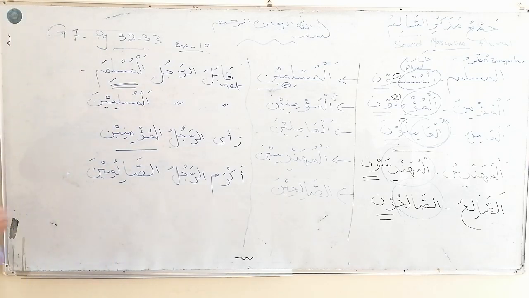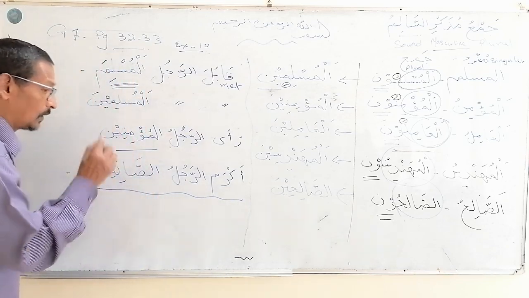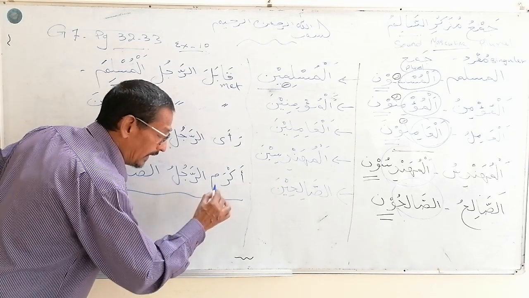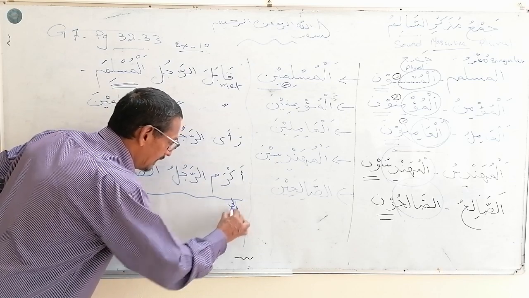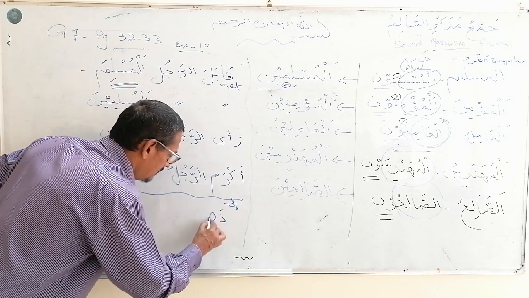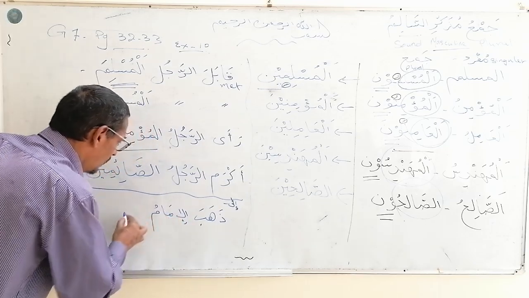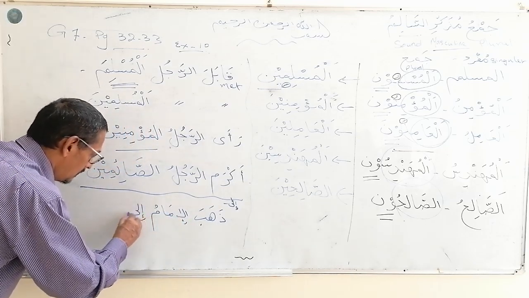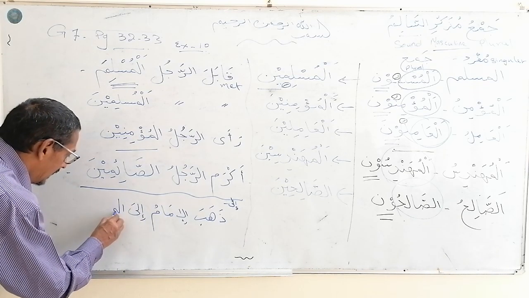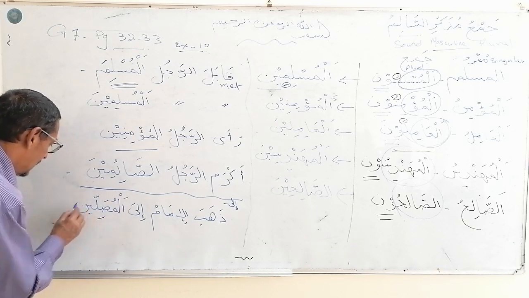There is another form. For example, it also ends with ya and noon when it is used with a preposition. Ala, ila, for example, or ala, preposition. ذهب الإمام. The Imam went ila, to, al-musallin.